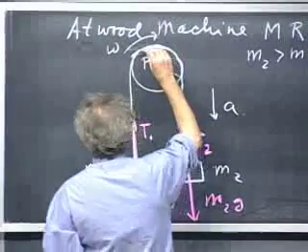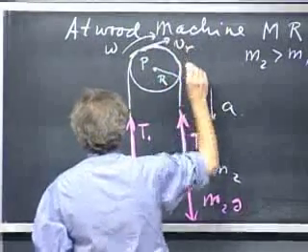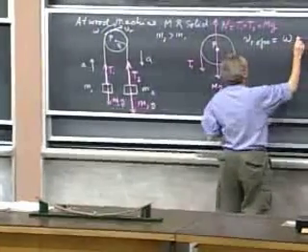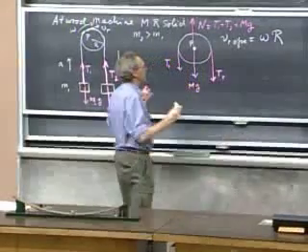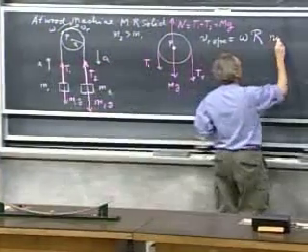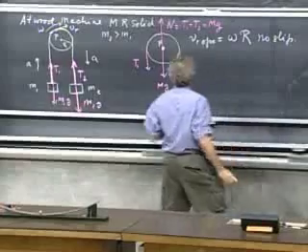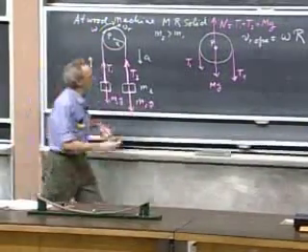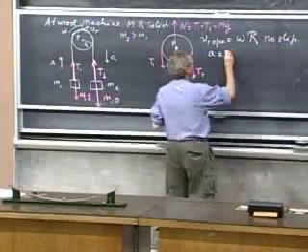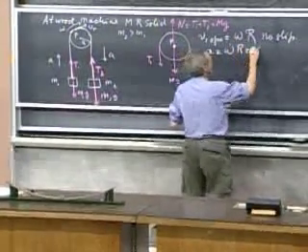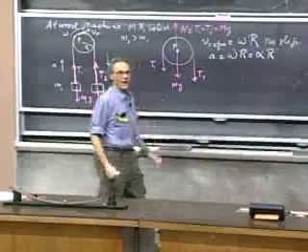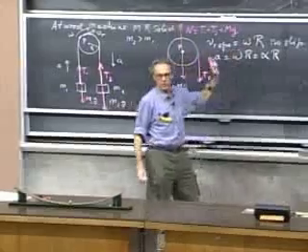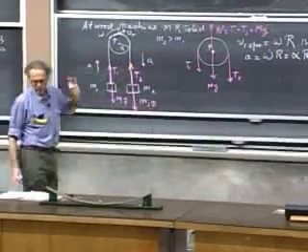That means the velocity of the rope, V of R, must be omega times R of the pulley. So the acceleration, which is the derivative of that velocity of the rope, a, is omega dot times R, which is alpha times R. Omega is the angular velocity, and alpha is the angular acceleration. So this is an important condition for no slip.